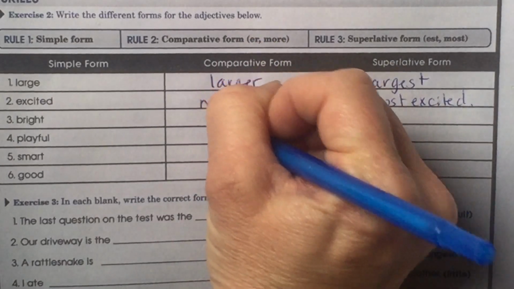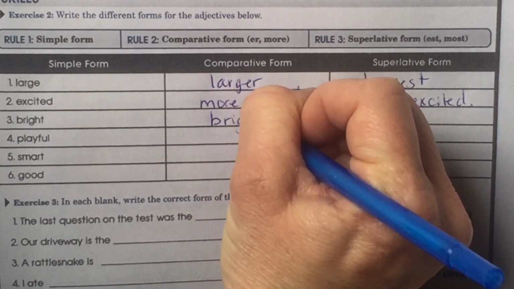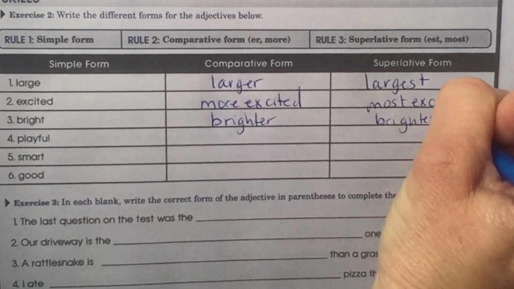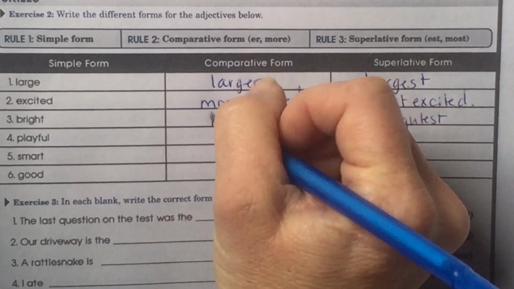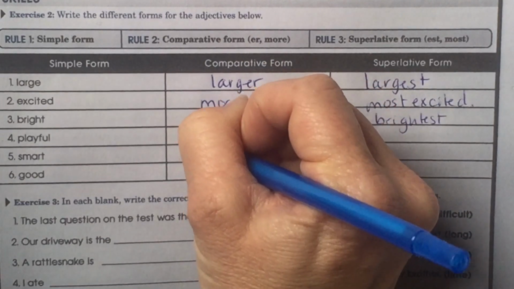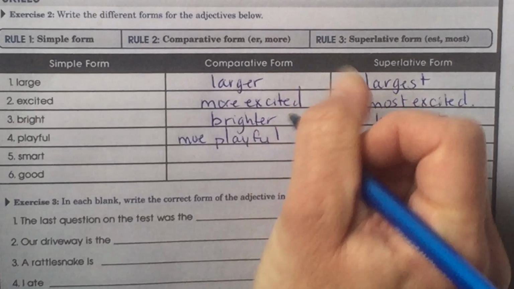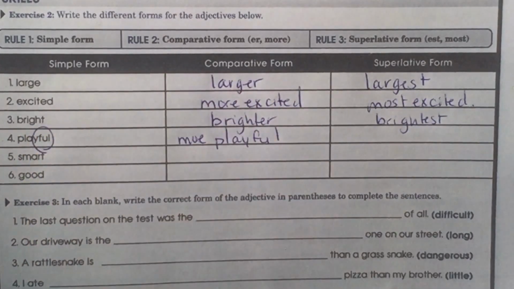Okay, brighter, brightest, playful. We're gonna say more playful. Hopefully you notice whenever you saw that full on the end, we never added fuller. We always added the more in front.